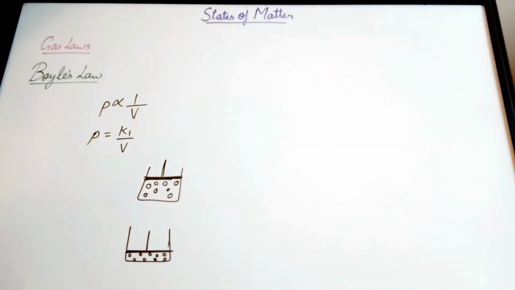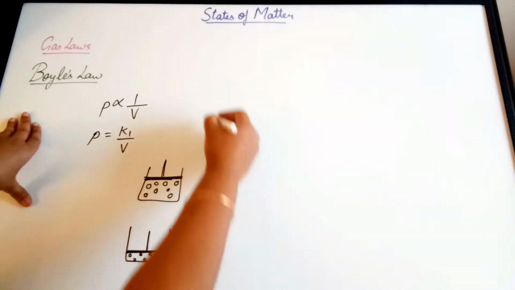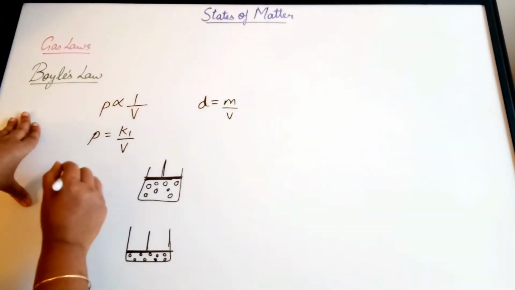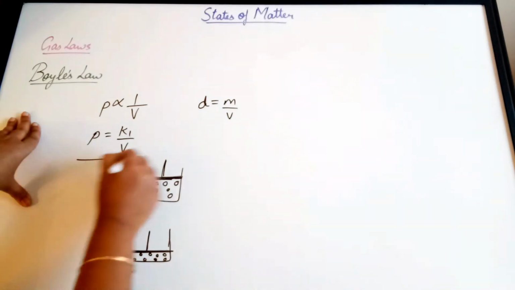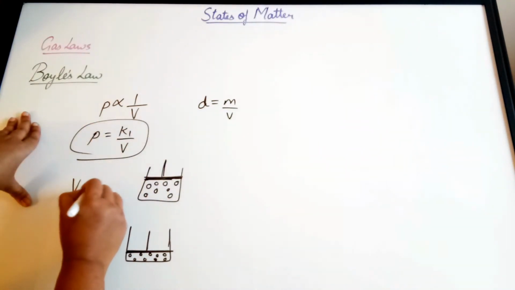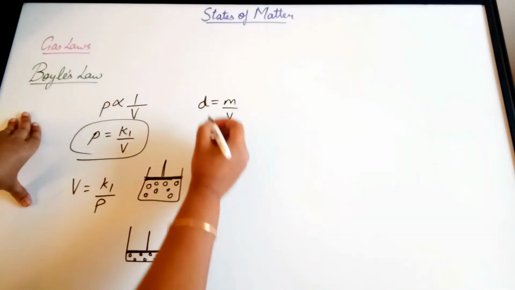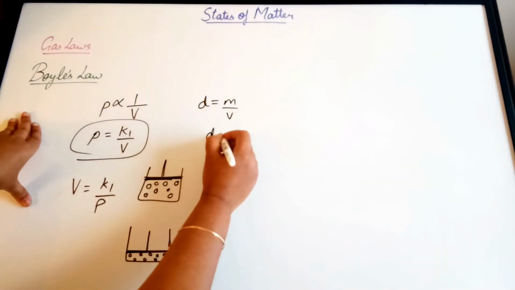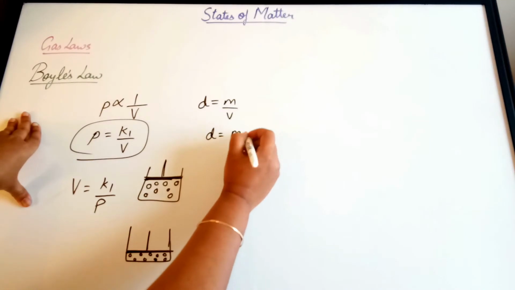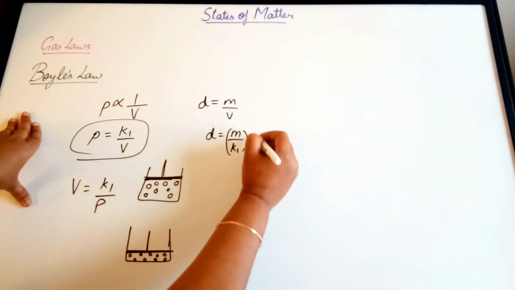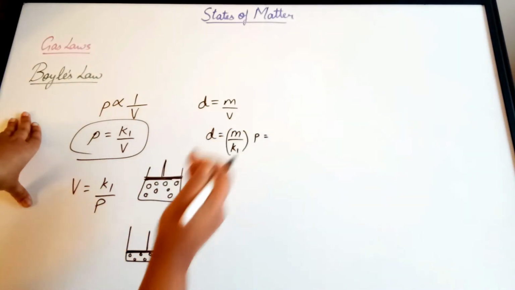So first of all, we know that density equals mass by volume. We are just going to substitute this equation. So V will be equal to K1 by P. Right, so we will substitute the value for volume. So density is going to be equal to mass by K1 into P. Now mass is not going to change, right?